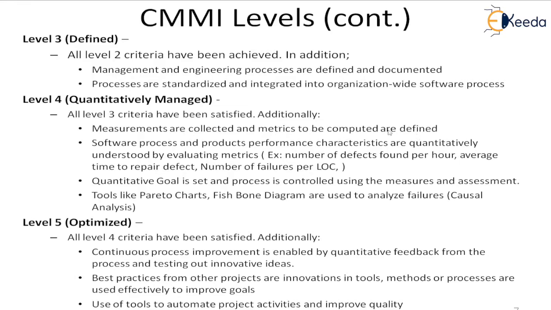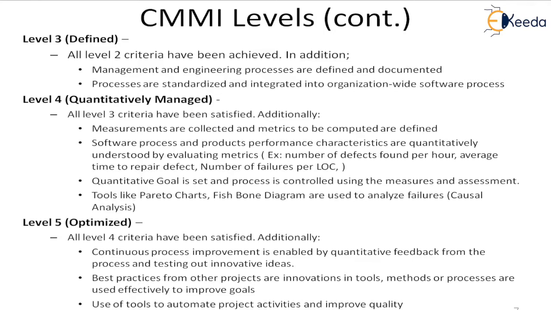These metrics are defined in the project process. So initially it is planned what metrics will be created, how the data will be collected, how the measurements will be done, and how the metrics will be computed, at what frequency. Then the software process and products performance characteristics are quantitatively understood by evaluating these metrics.